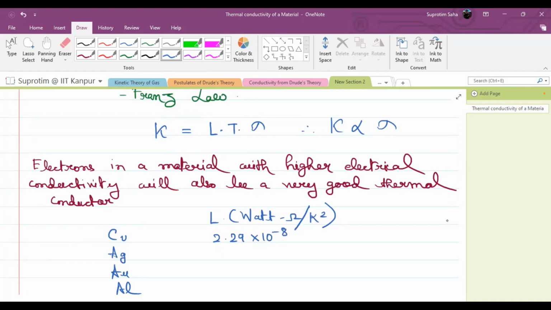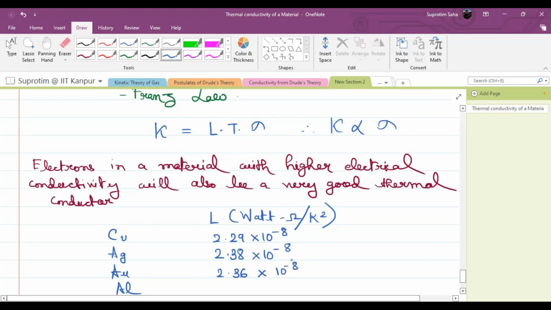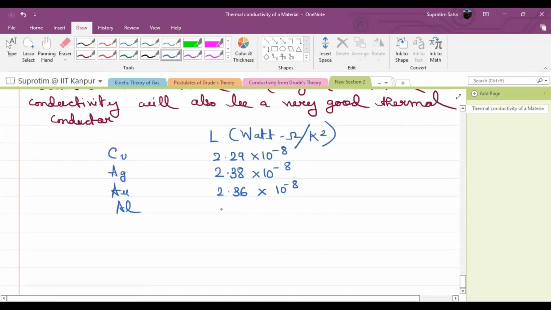For silver, it is 2.38 times 10 raised to minus 8, and 2.36 times 10 raised to minus 8, and 2.19 times 10 raised to minus 8 for the others.